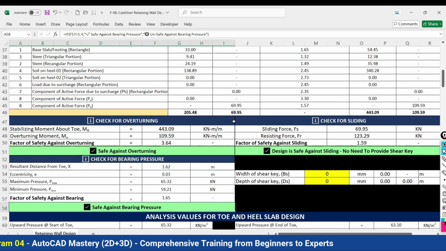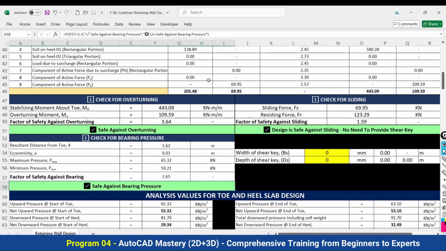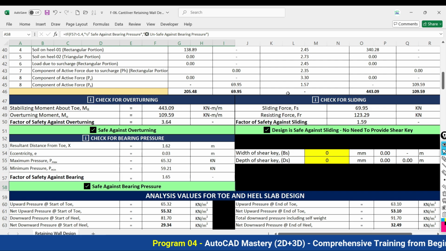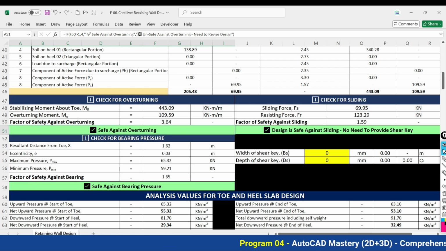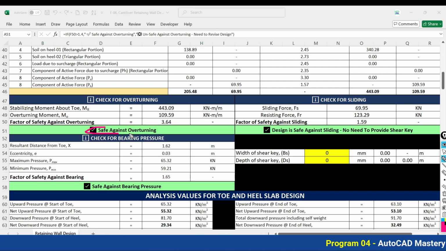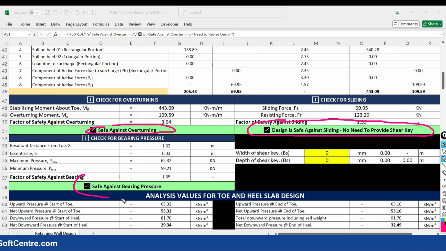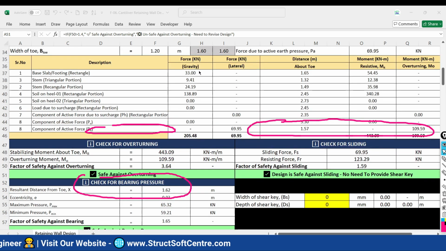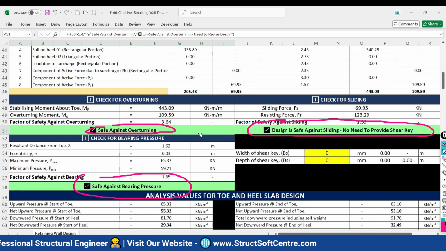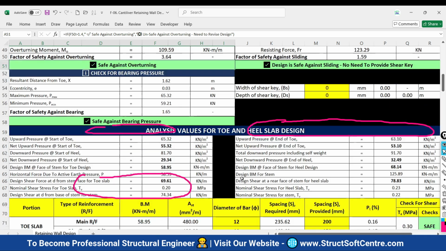For example, suppose any of the values is not satisfying, then you get a red cell here, and you need to do the correction in your previous calculation. As of now we are getting all passing, green cells, right?